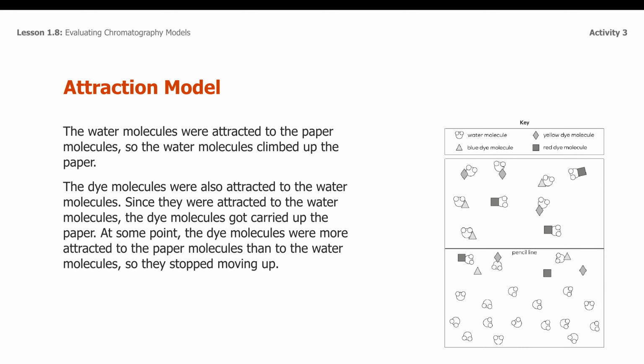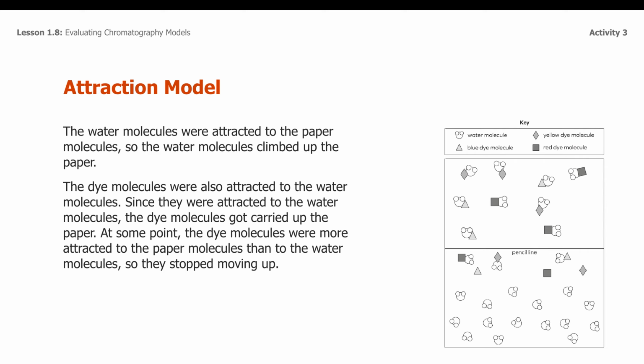And finally, the attraction model is another model we could consider, think about, make a judgment about. The water molecules were attracted to the paper molecules, so the water molecules climbed up the paper. The dye molecules were also attracted to the water molecules. Since they were attracted to the water molecules, the dye molecules got carried up the paper.